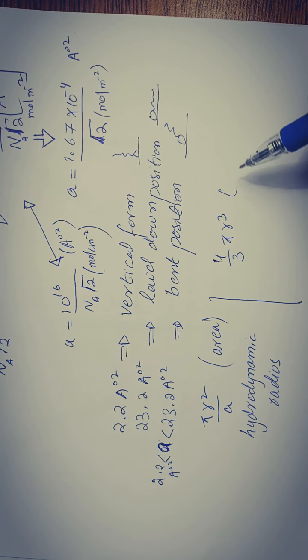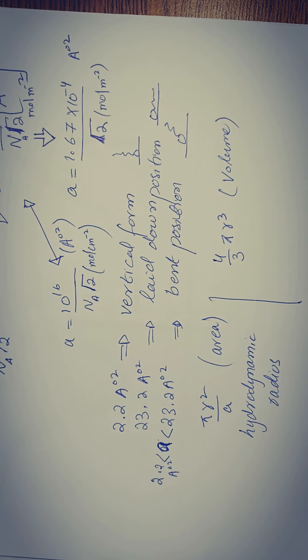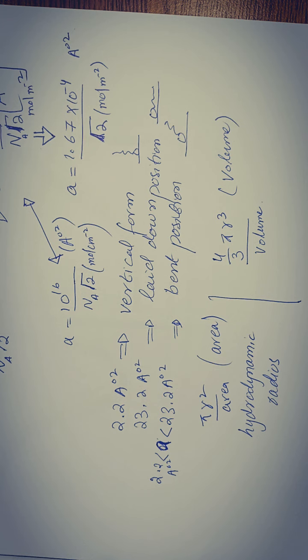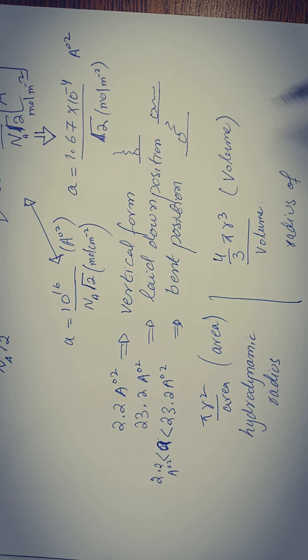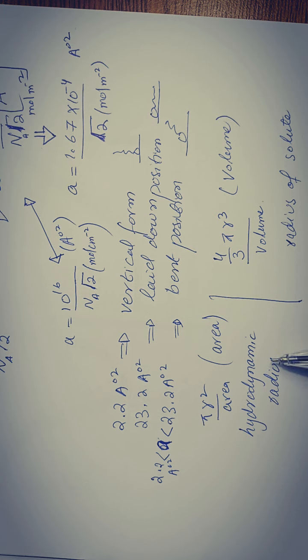Here this radius will be calculated from volume calculations. So the radius calculated from the volume or theoretical calculations should include only the radius of solute, whereas the radius calculated from the experimental method that is giving the hydrodynamic area or the surface area will give the value of hydrodynamic radius.